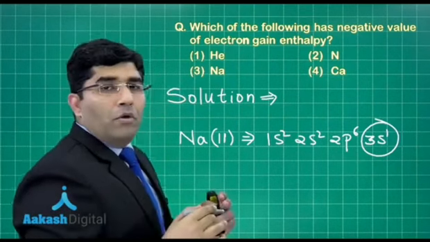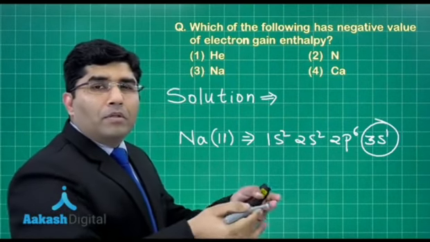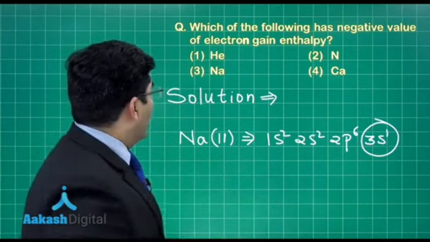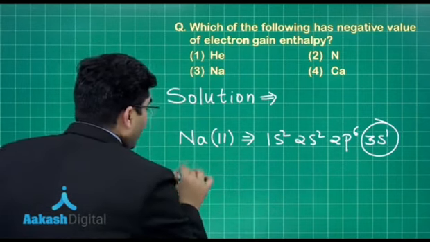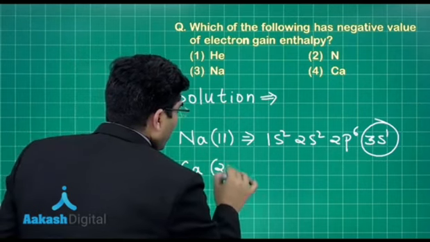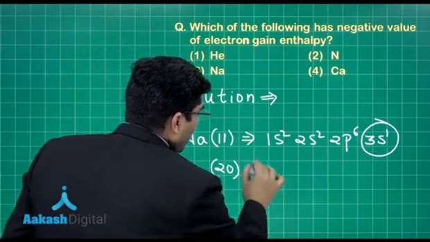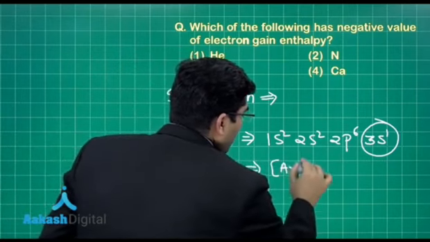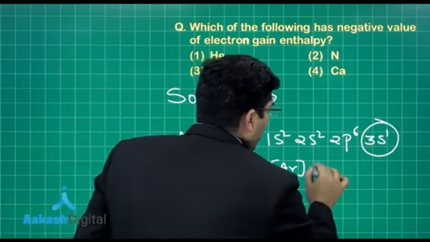Now this 3s1 will try to become 3s2 because 3s2 is more stable than 3s1, and calcium is 20, and we can write in the condensed form argon 4s2.